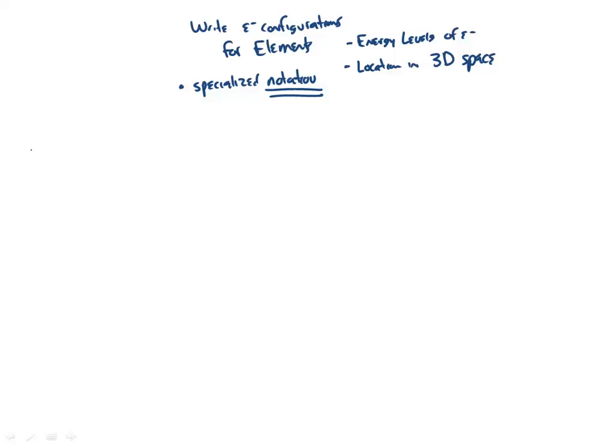So let's just pull up an element, for instance. Let's see, which one do I want to pull up that's entertaining to start with? I don't like any of the ones that I have here. Does anyone remember where we left off? I thought we had actually finished, so maybe this is a bit of a review. Let's do, say, sodium. So how many electrons does sodium have?